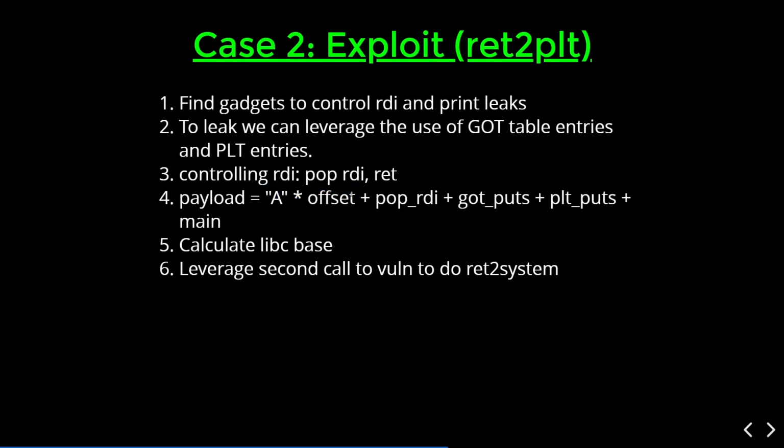The offset was 88, and then we did pop RDI. We put the GOT address here, and then we pass to PLT puts, and it prints the addresses. We're just gonna jump to main to do another round of this, and then after we have the libc base and all the offsets needed for system and bin sh, we can use the second round to ret2system like we did in the earlier exploits.